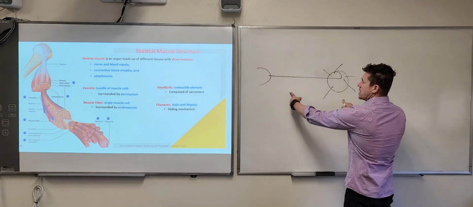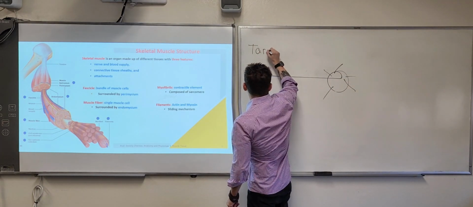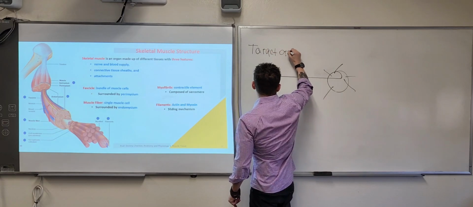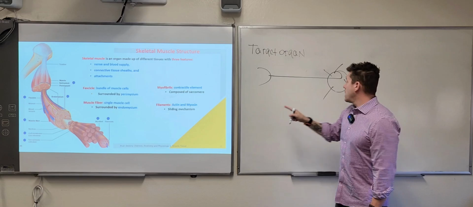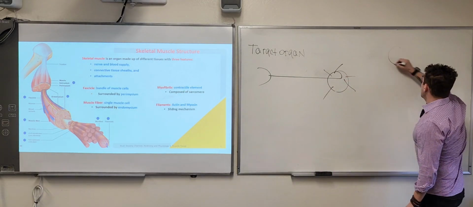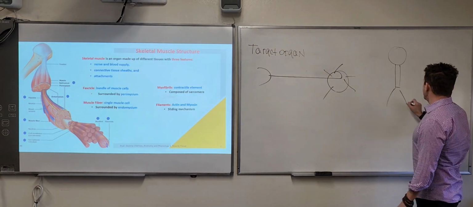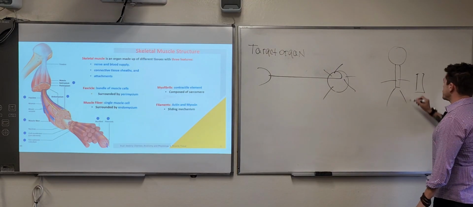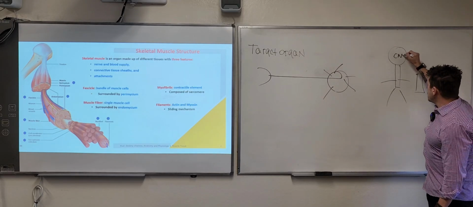So here we need to send an electrical impulse where? To a target organ. What is the target organ? Muscle. Where is the neuron located? Within the central nervous system. Here's the brain, here's the spinal cord, and here's your muscle, outside of the central nervous system.